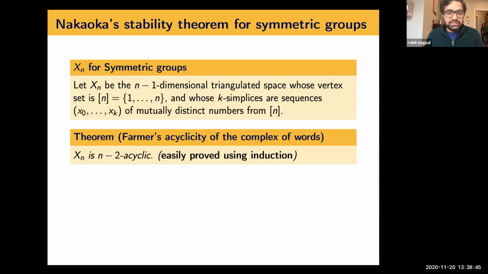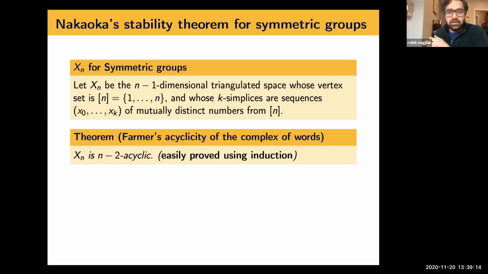It satisfies the acyclicity condition: Xn is n-2 acyclic. This is easy to prove using induction, but I will also mention how to prove it. It's pretty easy. So Farmer's acyclicity of complex tells us that this sequence of spaces satisfies acyclicity, and all other conditions are pretty easy to prove.